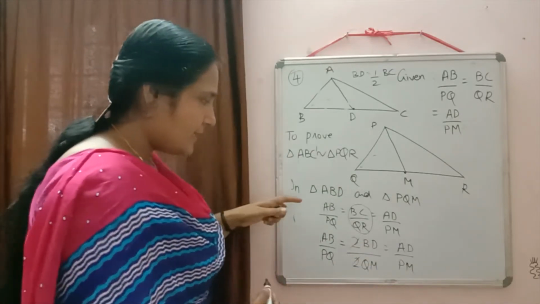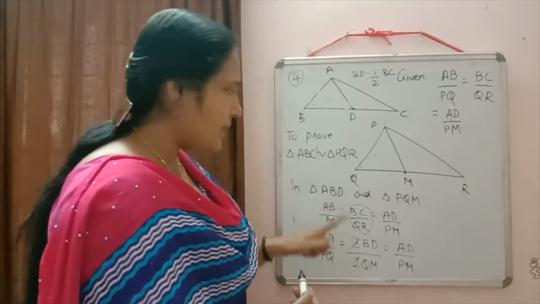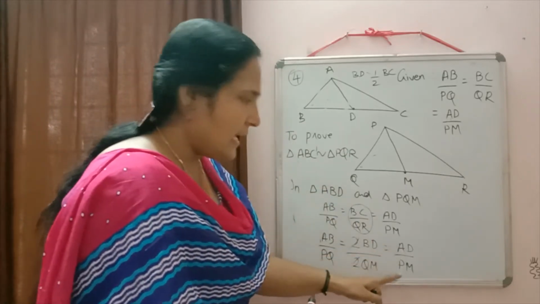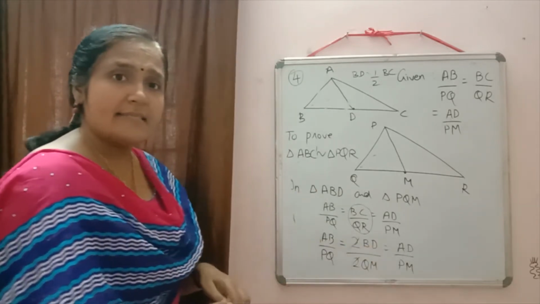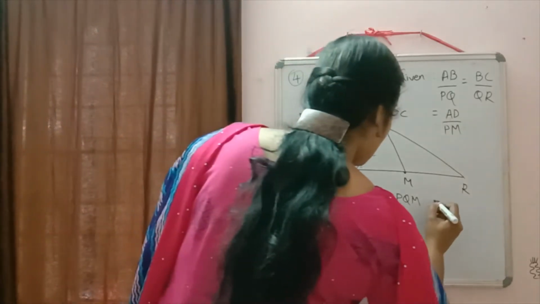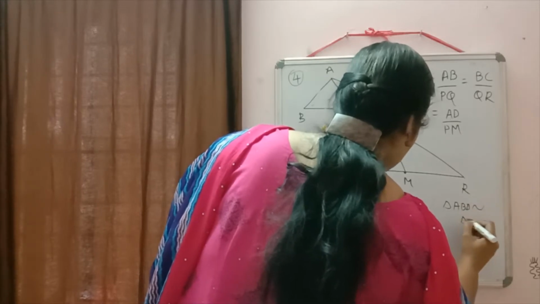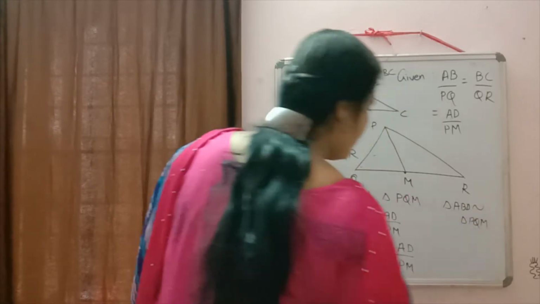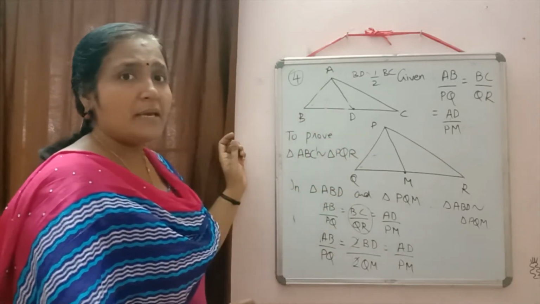So what we are getting: AB by PQ is equal to BD by QM is equal to AD by PM. It means all sides are in the same ratio. Therefore, triangle ABD is similar to triangle PQM.